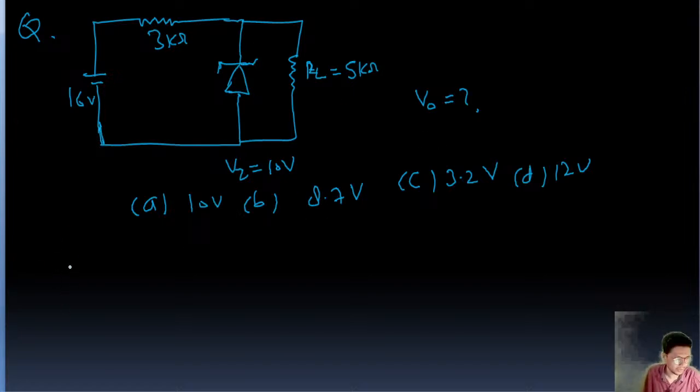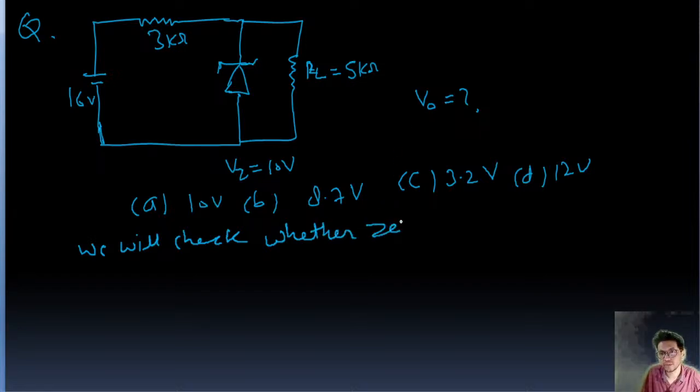I have already explained. So I'll write directly. So we will check whether the Zener diode is off or on by removing the diode.